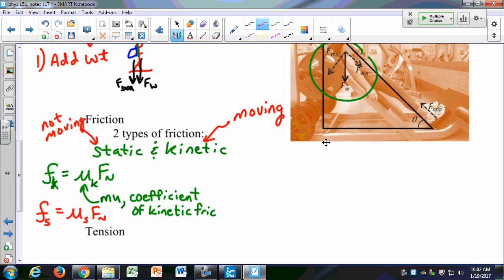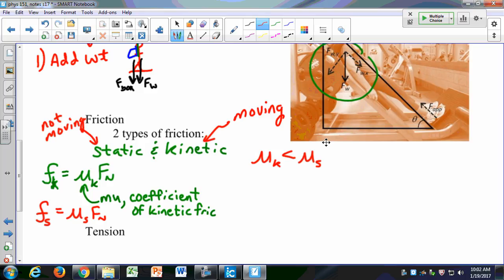So this brings up an interesting thing, because it turns out that the coefficient of kinetic friction is less than the coefficient of static friction. You know this, that the static frictional force is bigger than the kinetic frictional force, because if you've ever had a big piece of furniture and you try to push it, it's hard to push at first, right?